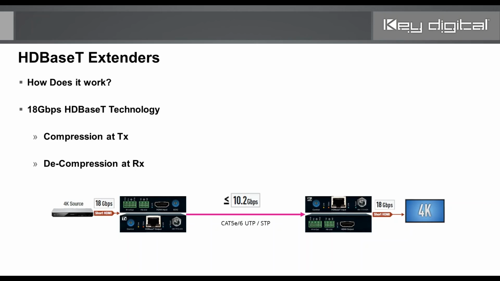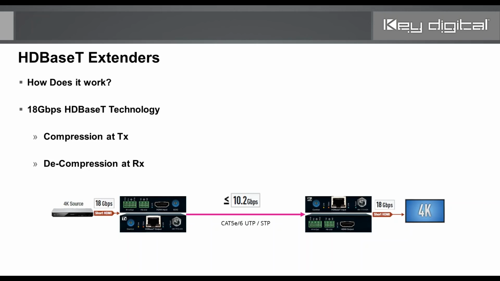You were able to take an 18G signal, compress it down to 10.2 gigabits per second, for that is the maximum bandwidth of the HDBaseT over Cat5e, Cat6 pipe that was there. And then the second unit can decompress that signal back to 18 gigabits per second.